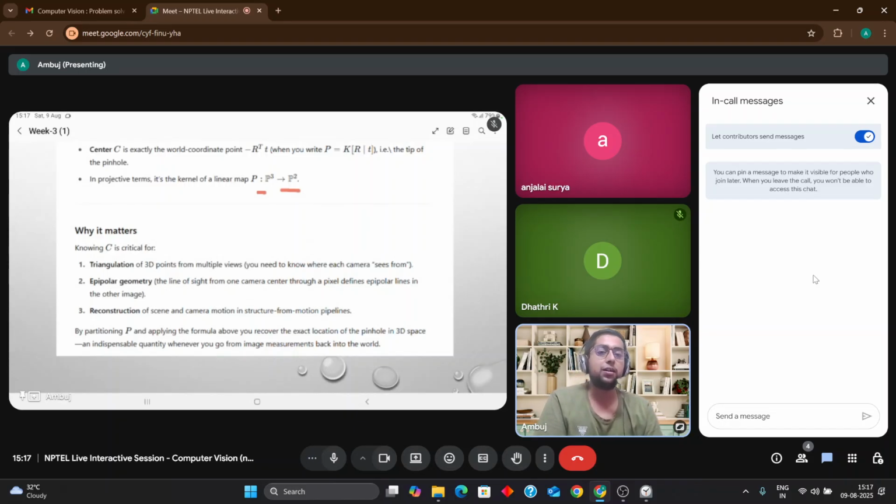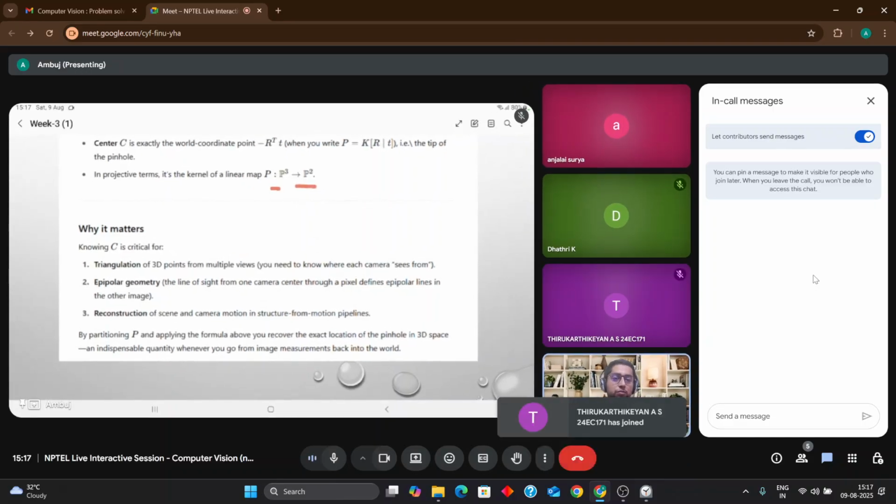Triangulation is the calculation of x, y, z in three dimensions from two different cameras or a single camera. Both approaches have different formulas and different mathematical notations, but the goal is the same: to determine the position, the x, y, z, of a particular point.